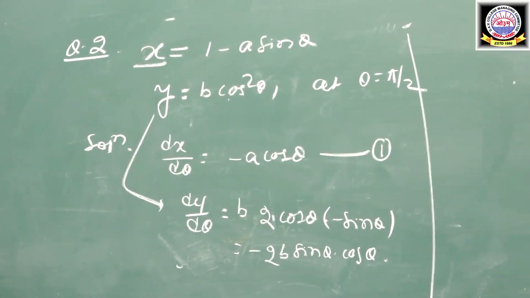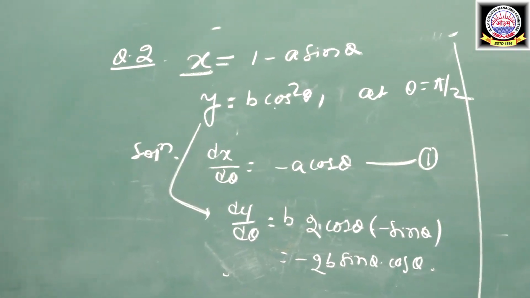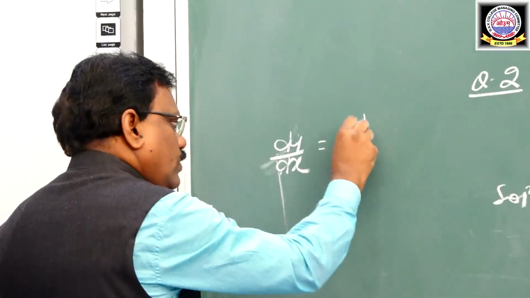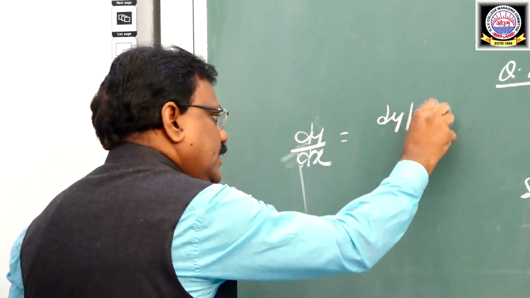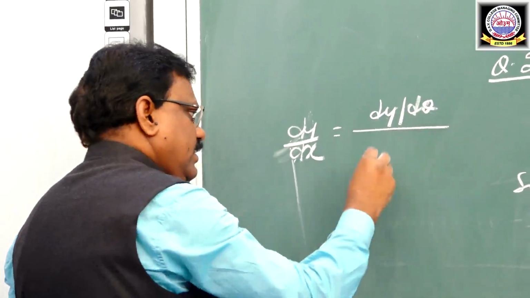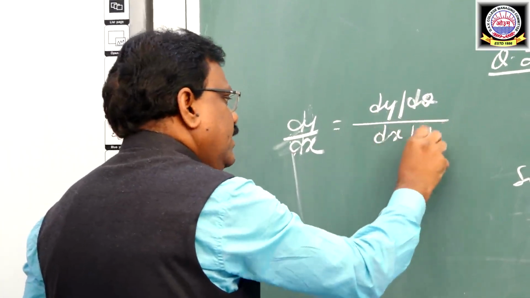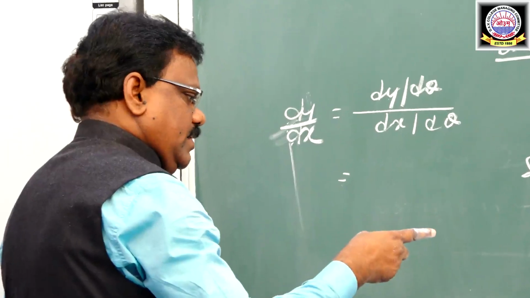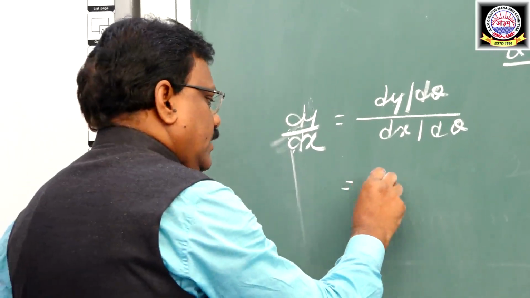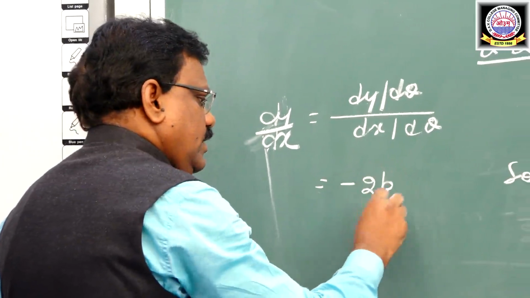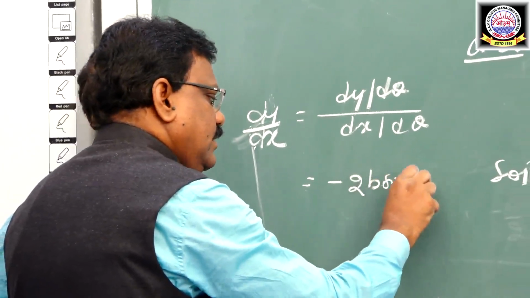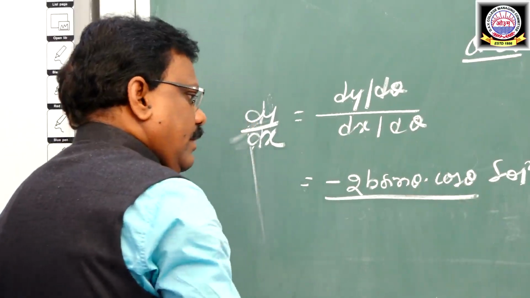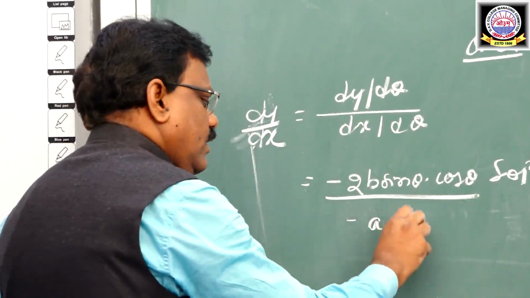So dx by d theta is known, minus a cos theta, dy by d theta is minus 2b sin theta into cos theta. So now derivative dy by dx is equal to dy by d theta divided by dx by d theta. So put the values: minus 2b sin theta into cos theta divided by minus a cos theta.